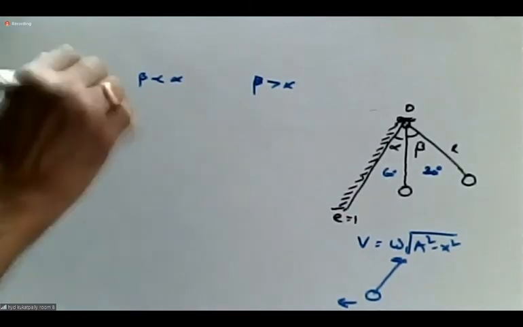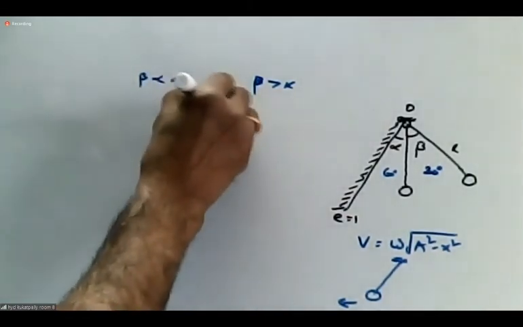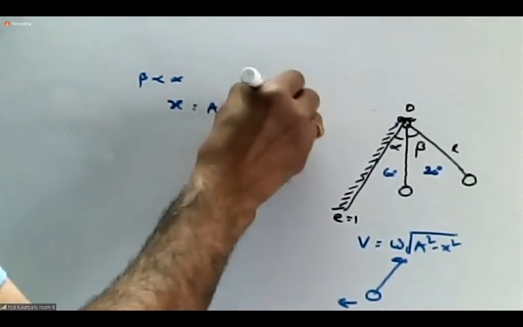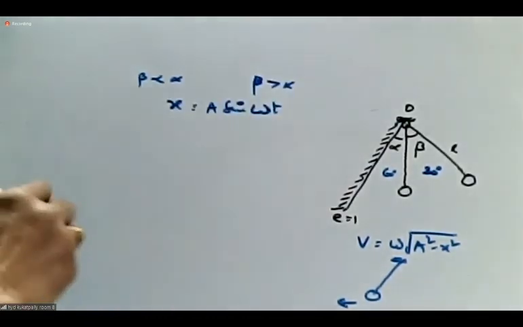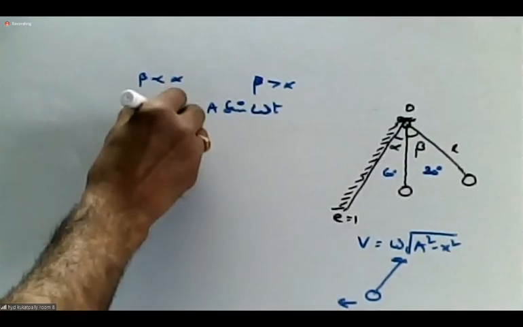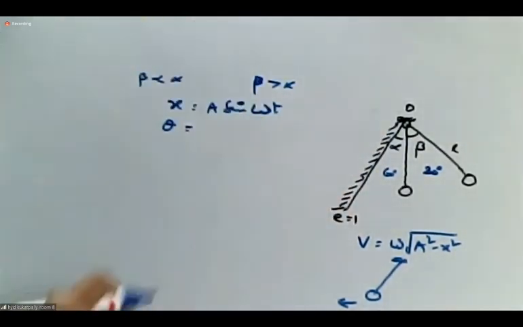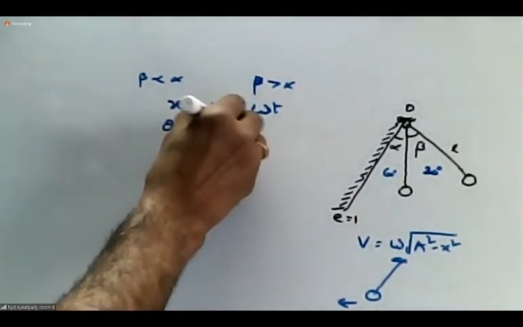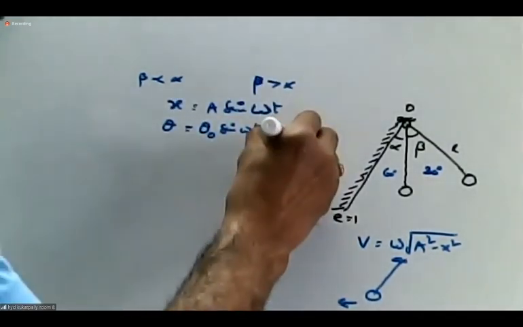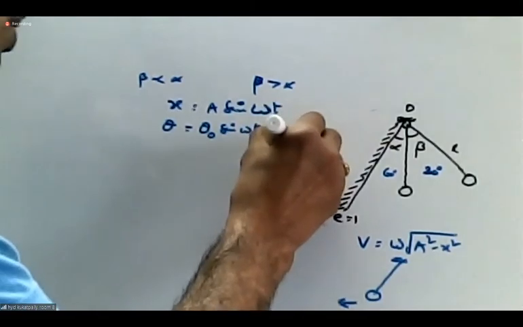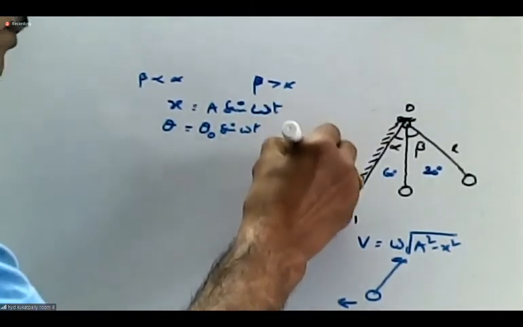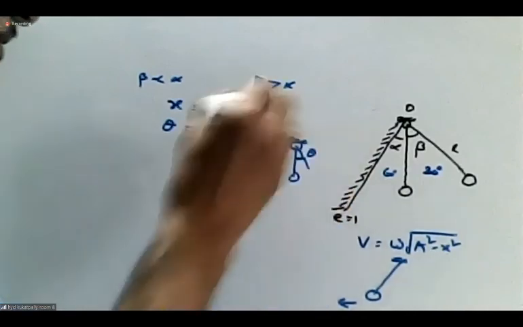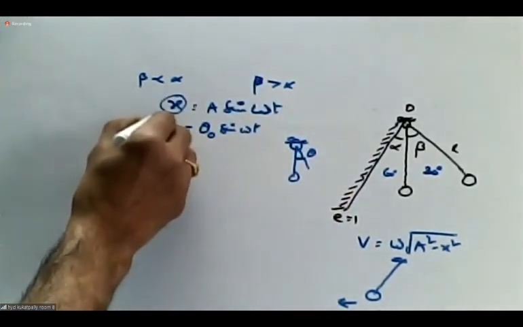Here, instead of writing x equal to a sine omega t, I can write in terms of angles. Angular displacement theta is equal to... what is this theta, sir? Angle with respect to vertical. Angular displacement theta equals maximum angular displacement theta naught sine omega t. So instead of x in meters, theta in angles.